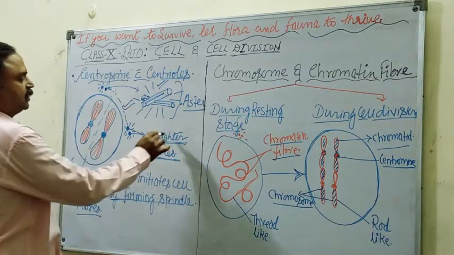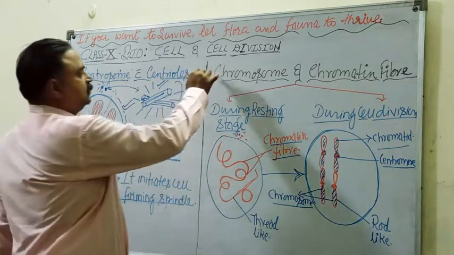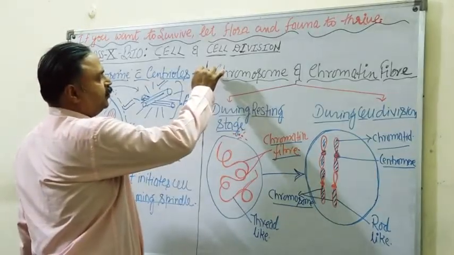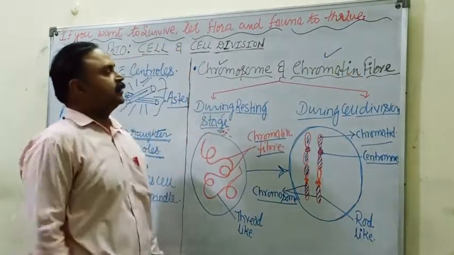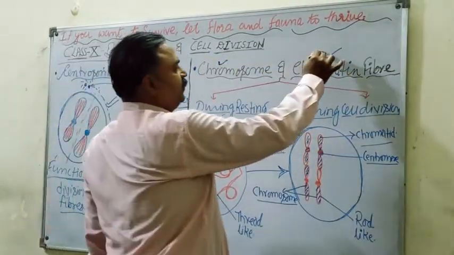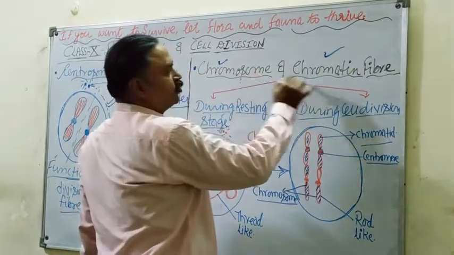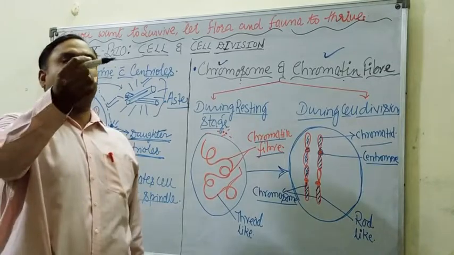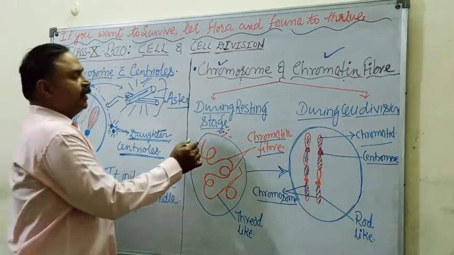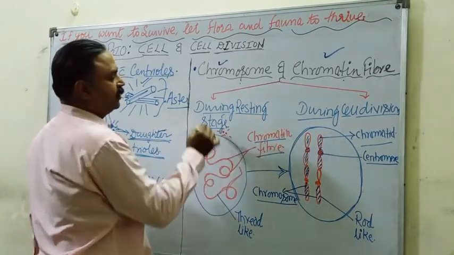Isn't it? Now the second important cell organelle or cell component is chromosome and chromatin fiber. Already in the previous class you have studied chromosome and chromatin fiber. There is a slight difference between chromosome and chromatin fiber.